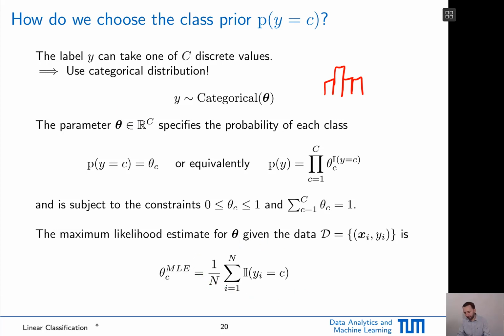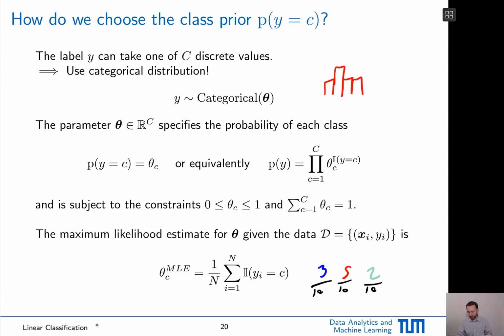So if we have 3 times class blue and 5 times class red and 2 times class green, then the maximum likelihood estimate is just these ratios. We have 10 in total, so it's 3 divided by 10, 5 divided by 10, and 2 divided by 10.